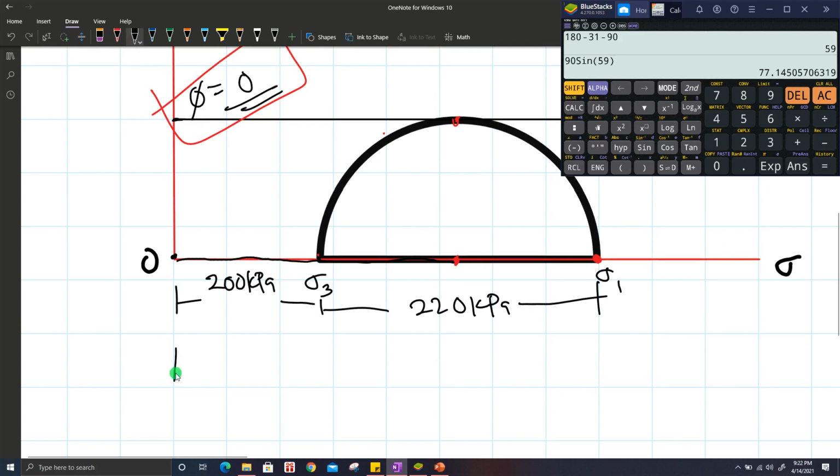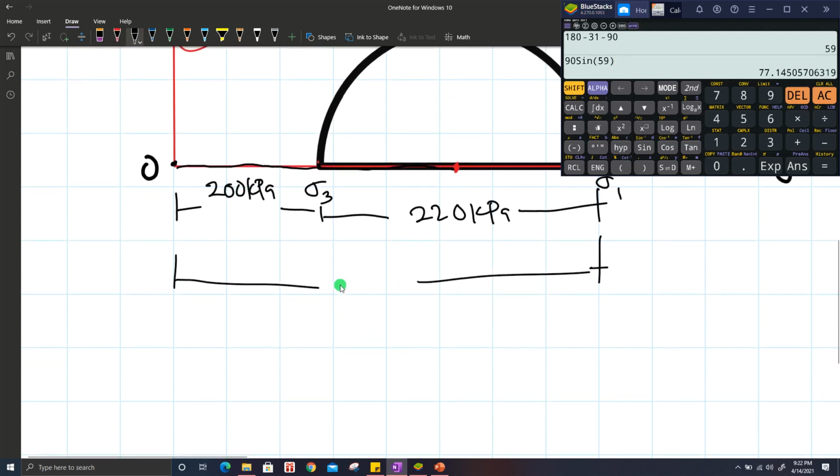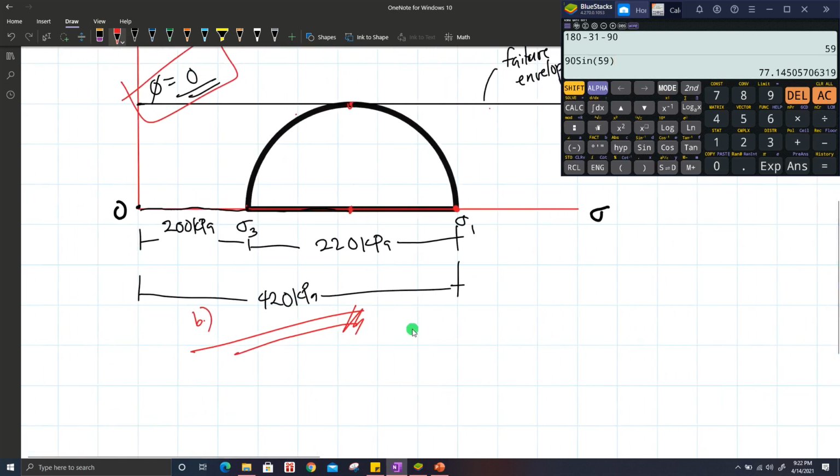So, ang ating maximum principal stress ay just take the sum of 200 and 220. So, for letter B, ang sagot dyan ay kapag inadd mo yung dalawa, that's 420 kilopascal. So, this is the answer for letter B.